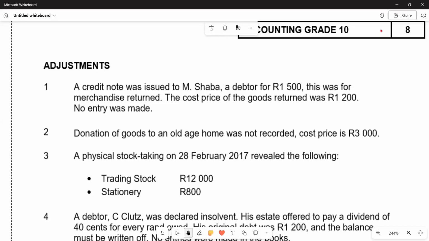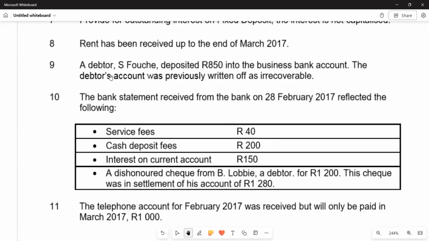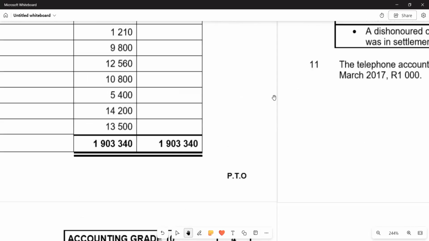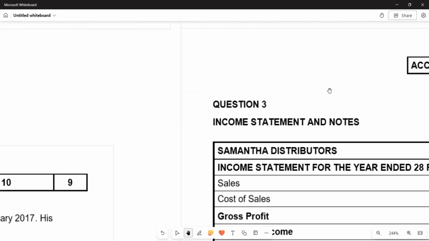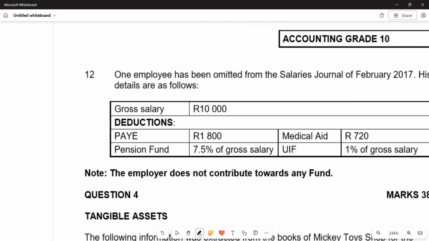On the additional information, we also have adjustment number 1 here. Going down, there is additional information which you need to go through before you start to answer the question, and this is additional information number 11. Then this is additional information number 12, which is the last one. So our question ends here, with the information that we are given according to the question paper.